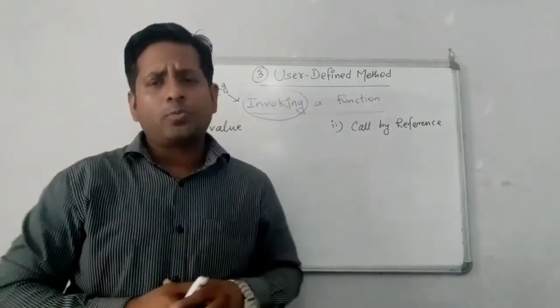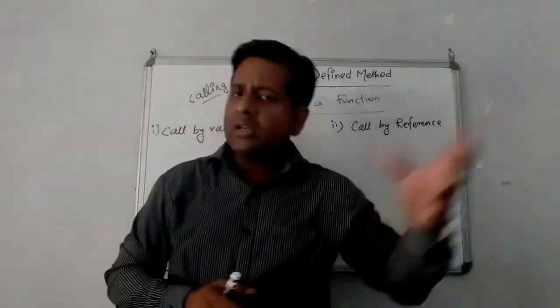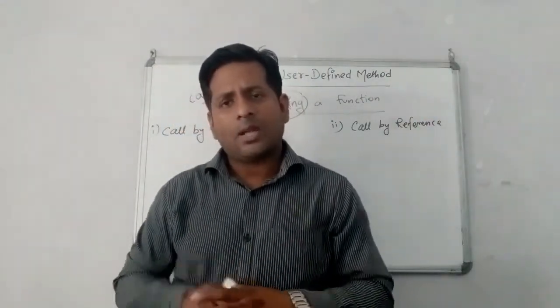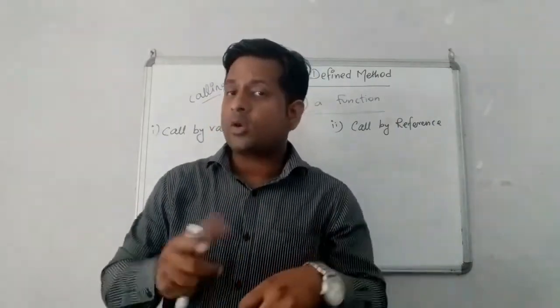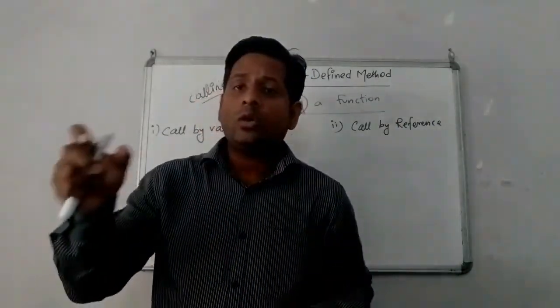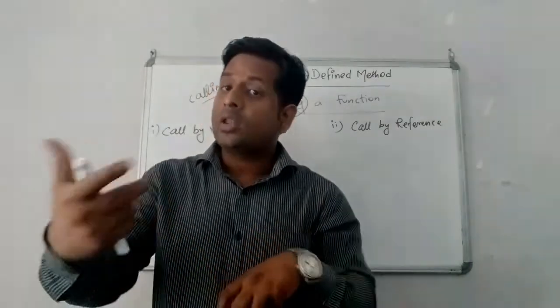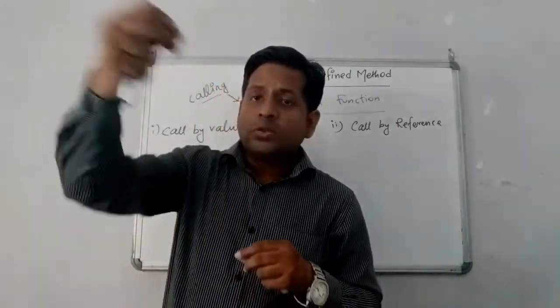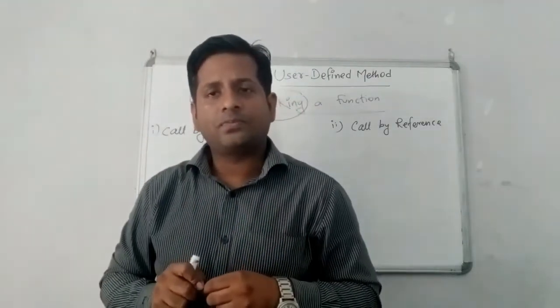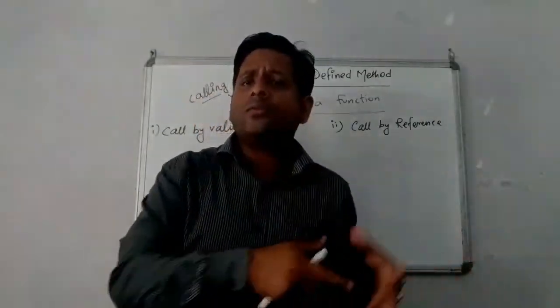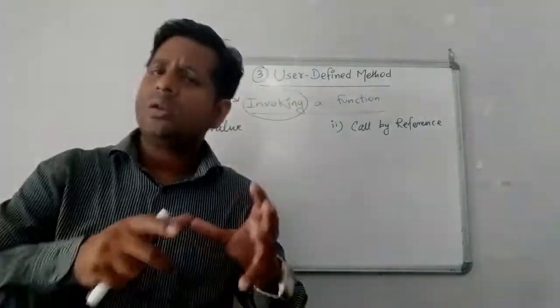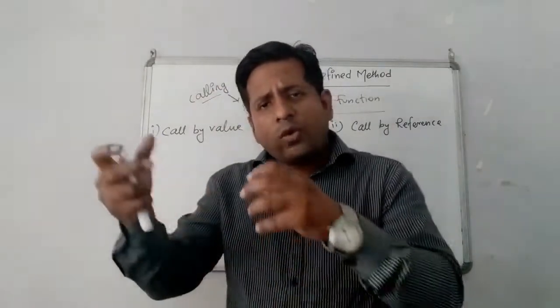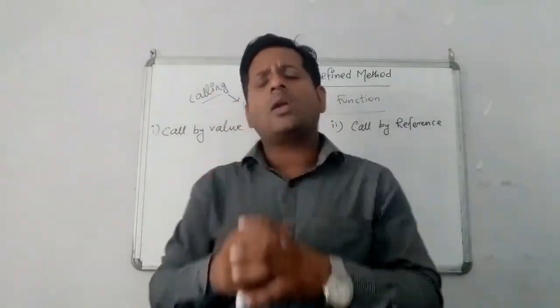When we do output or process, we need the input part also. When you are doing processing work, you need input, then only you can process. When you are doing output, you need the process part, then only you can display. So we need to call a function in another function so that we can utilize it. When we call the function, that is known as invoking a function.